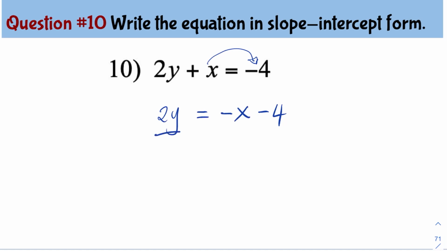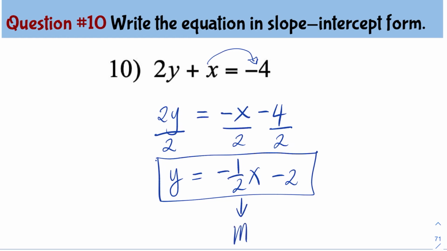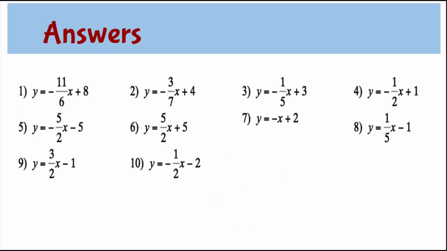And the last step is dividing each term by 2. So 2y divided by 2 is y. Now we have negative 1/2 x, and we have minus 2. So in this equation, the slope is negative 1/2 and the y-intercept is negative 2. Those are the answers.